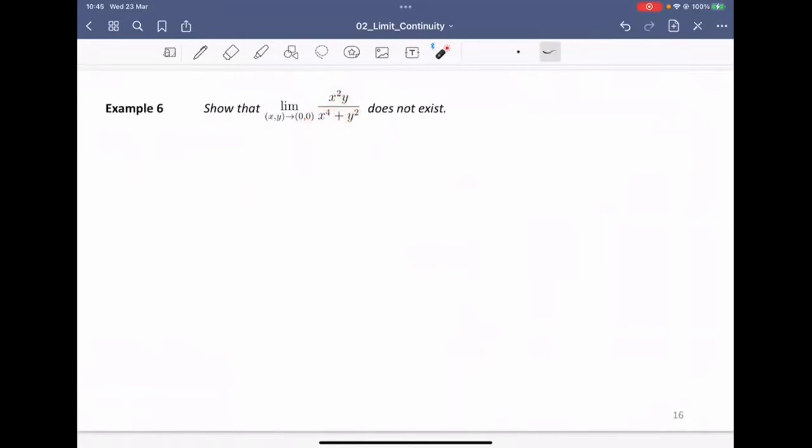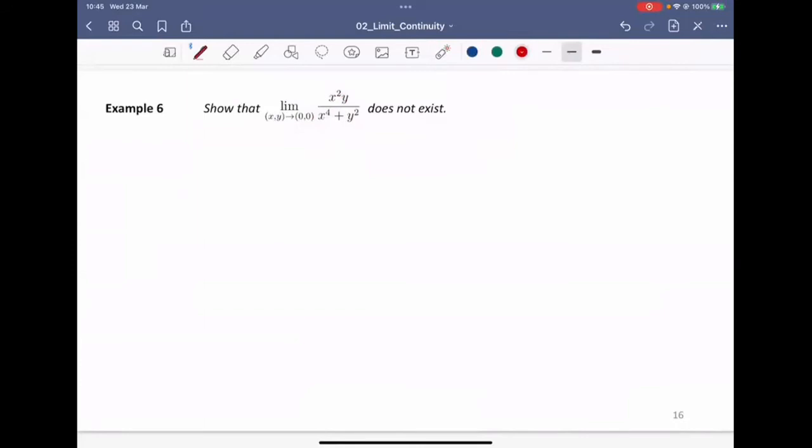Before, we learned that when you have a limit, you can plug in x, y first. But here, if you plug in x to be 0, y to be 0, you get 0 over 0. And factoring and conjugate will not work on this question. That is why the question asks you to show that the limit does not exist.